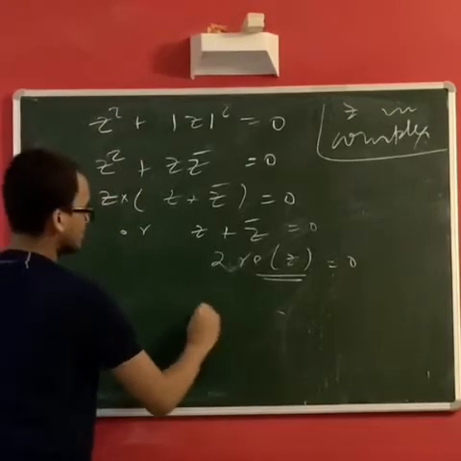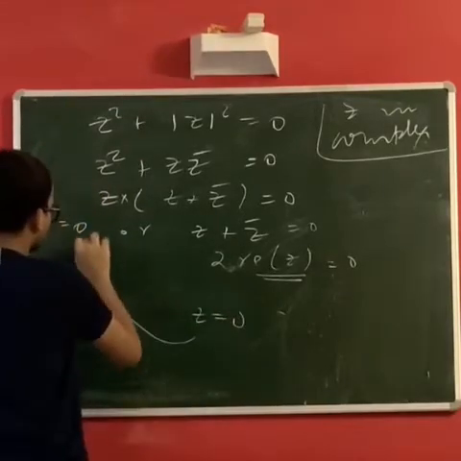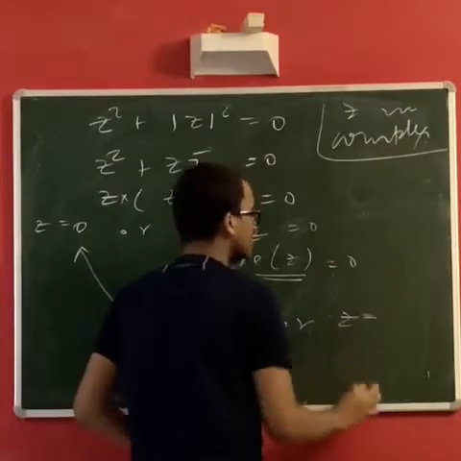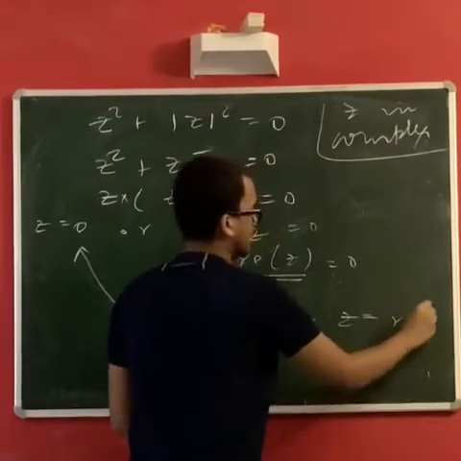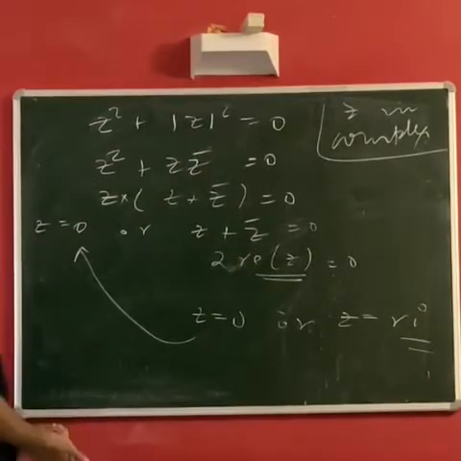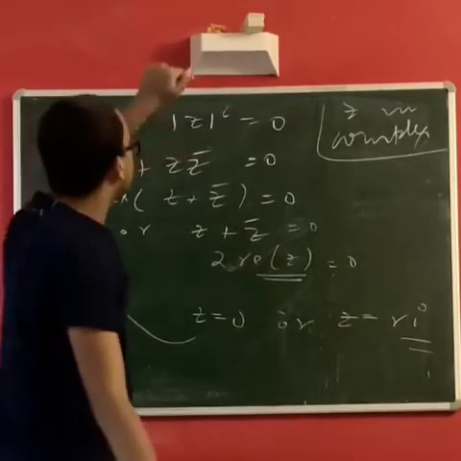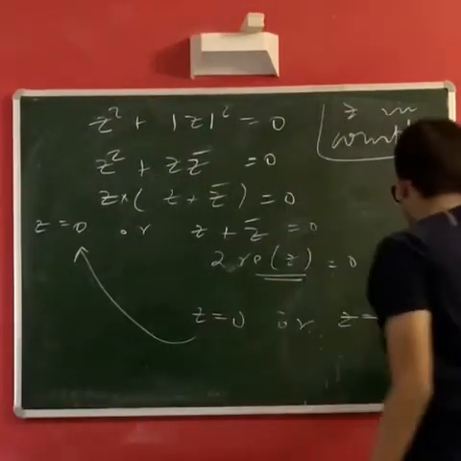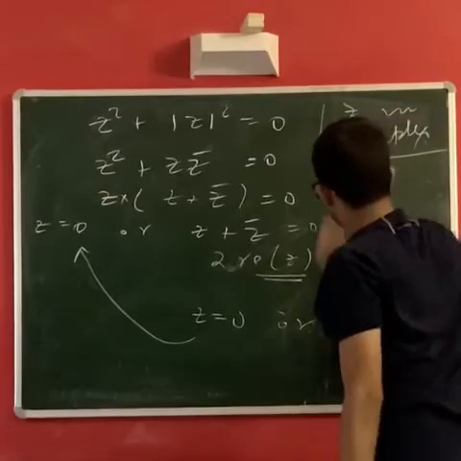So z is 0, but that case has already been taken care of, or z is some real number times i. It's just a purely imaginary number. Although an easy problem, I just wanted to apply this small trick. Now we can safely move ahead to cube roots of unity.